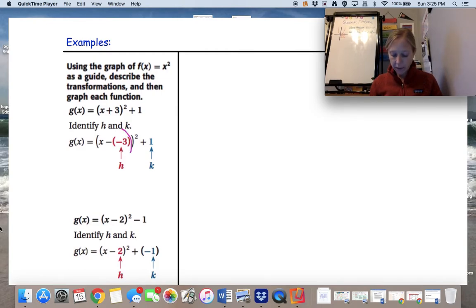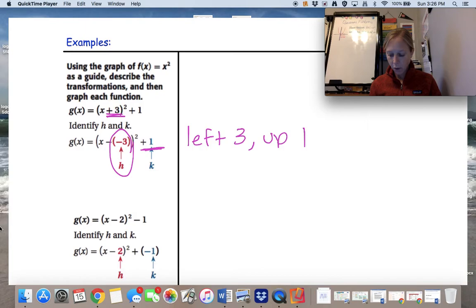First we can see here that h is actually negative 3, because remember it's always the opposite of what you see. And then our k is plus 1. So that means that our function moved left 3 and up 1.